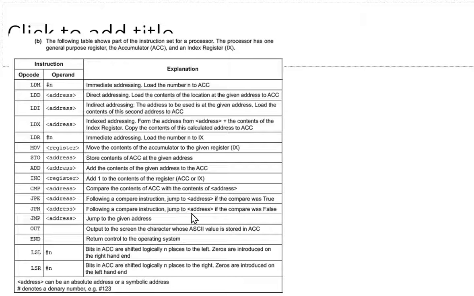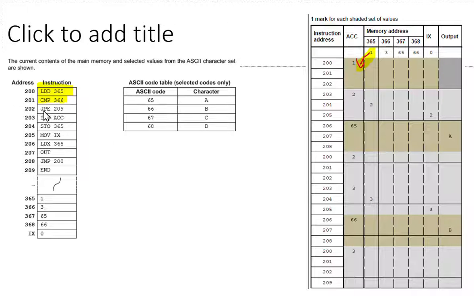JPN is jump to the address if it's false. So we're doing JPE. If it's true, I'm going to jump to address 209, which is end, but it's not true because the value here is 1 and the value here is 3. Therefore, I'm not going to end.